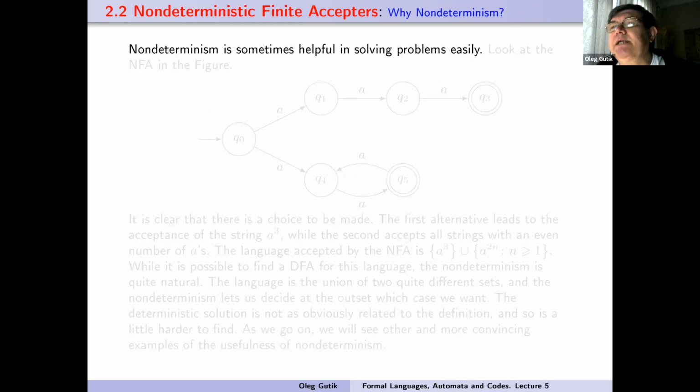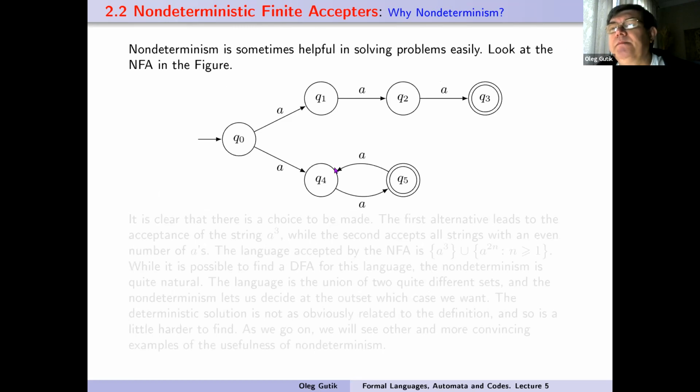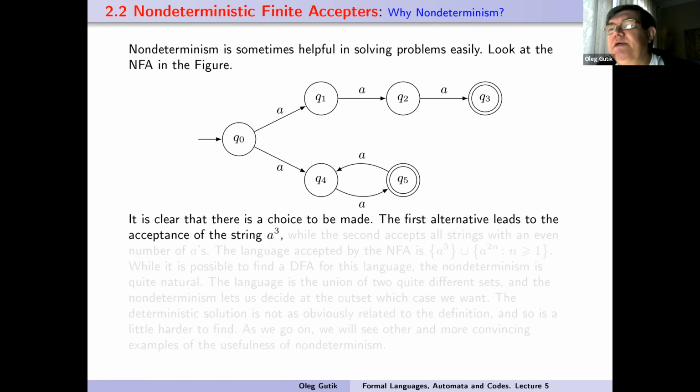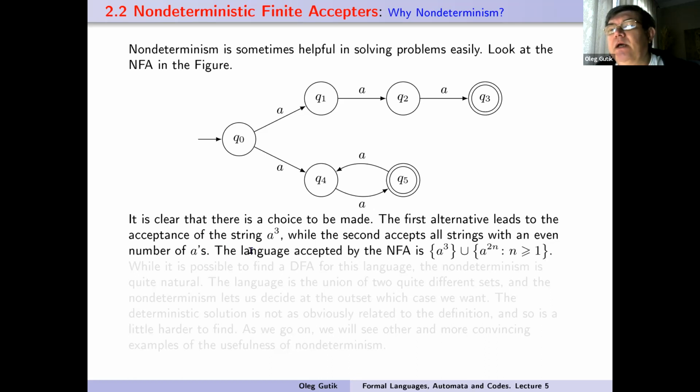Non-determinism is sometimes helpful in solving problems easily. Look at the non-deterministic finite acceptor in the following figure. It is clear that there is a choice to be made. The first alternative leads to the acceptance of the string a to the power 3, while the second accepts all strings with an even number of a's.